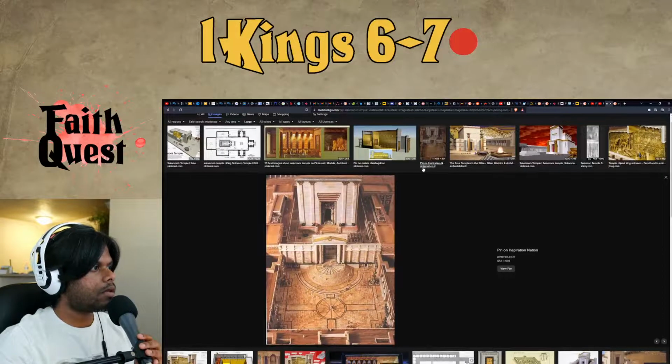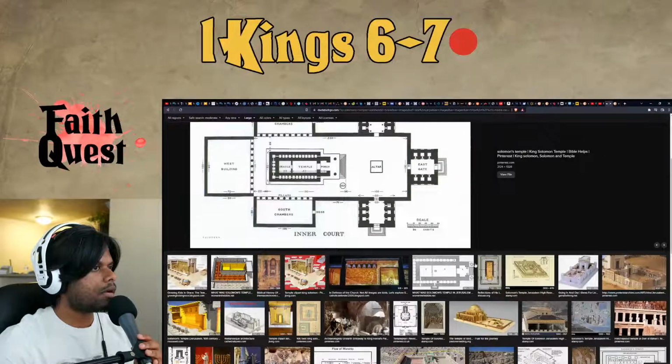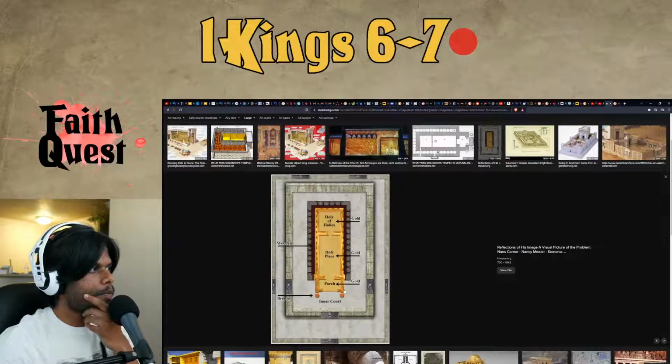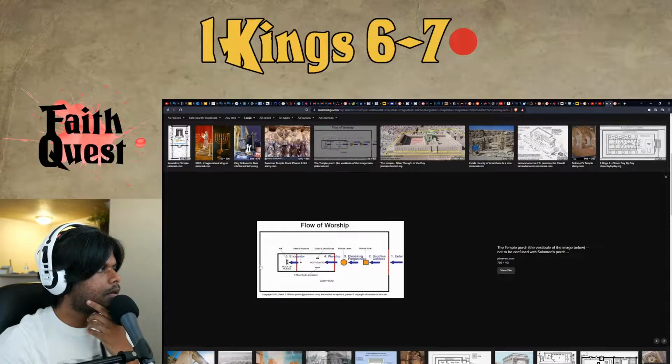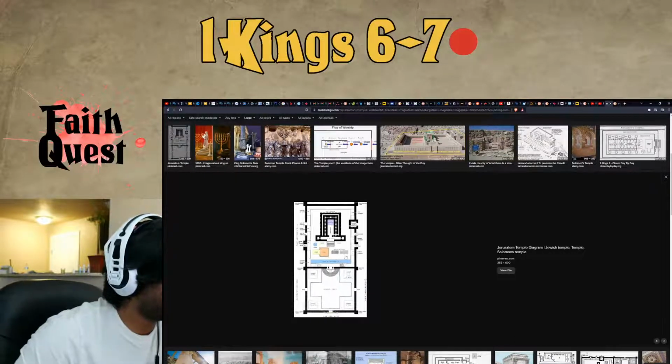So this inner court, porch. This is kind of small.